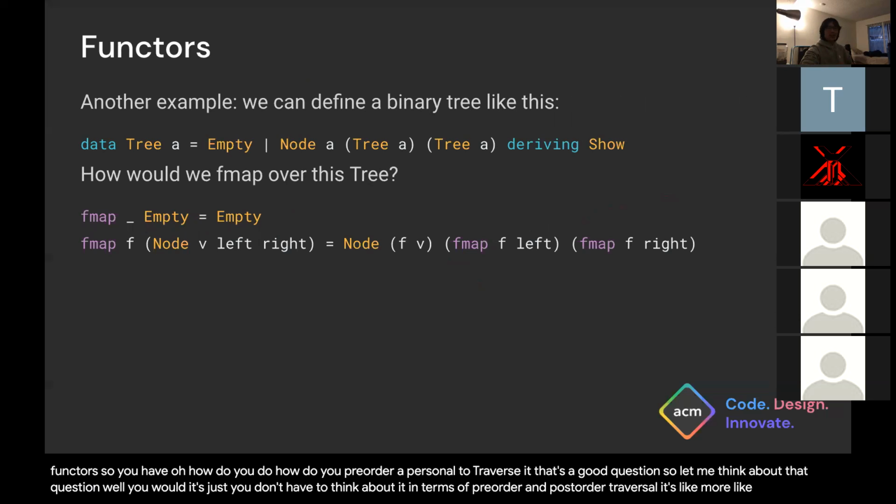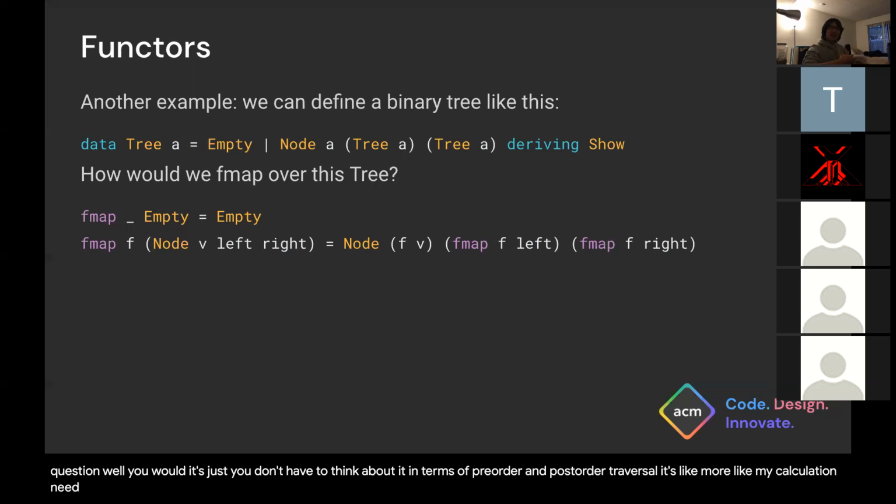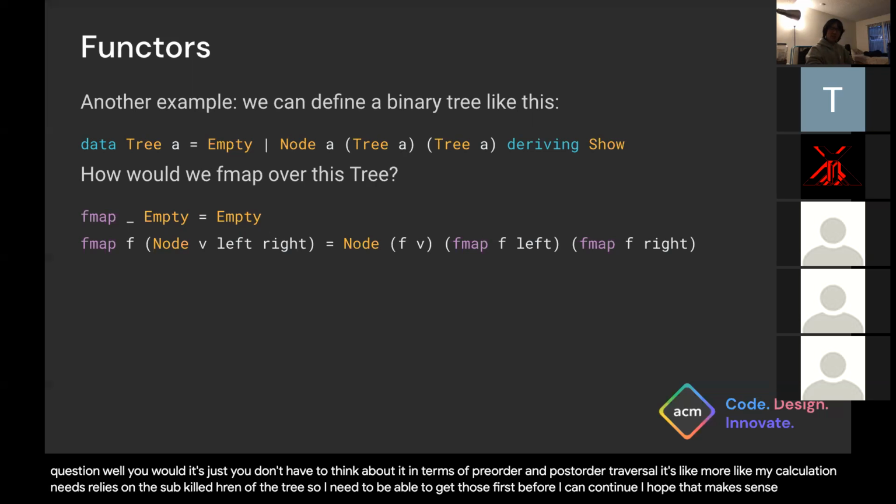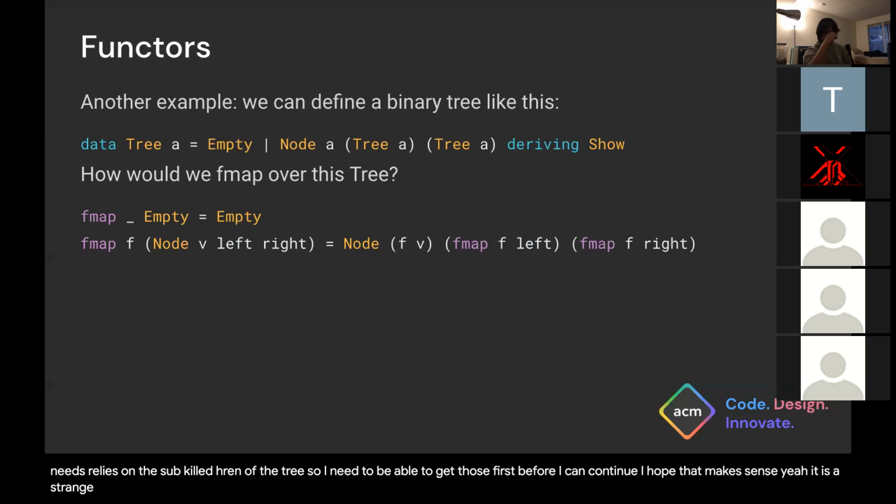It's more like my calculation relies on the subchildren of the tree, so I need to be able to get those first before I can continue. I hope that makes sense. Yeah, it is a strange way of thinking, so I understand if it's confusing. Okay, I'm going to continue.